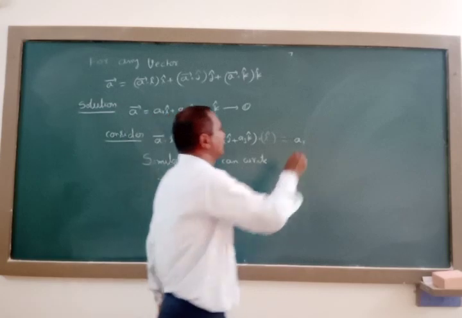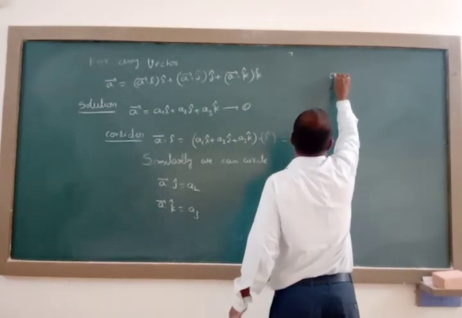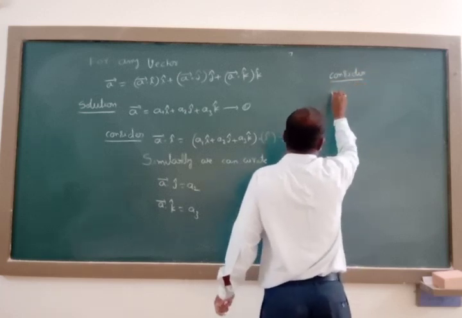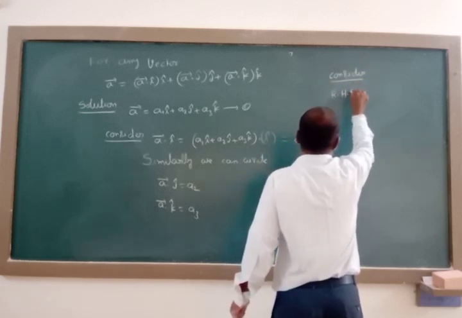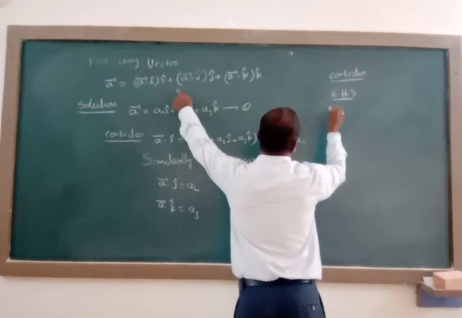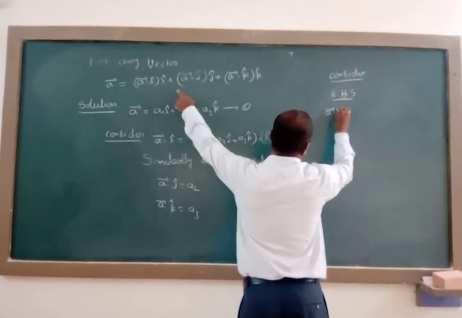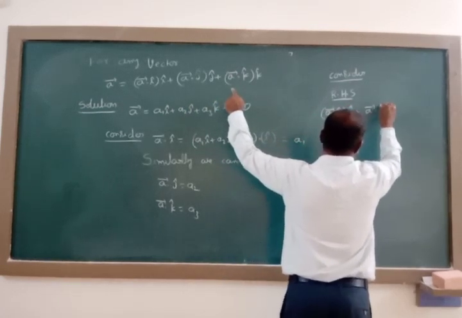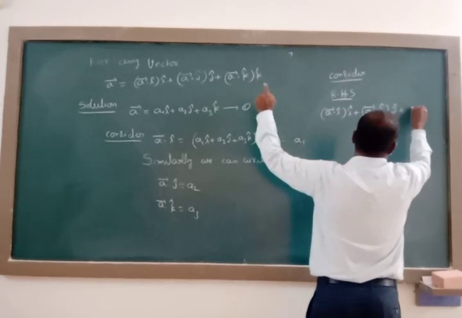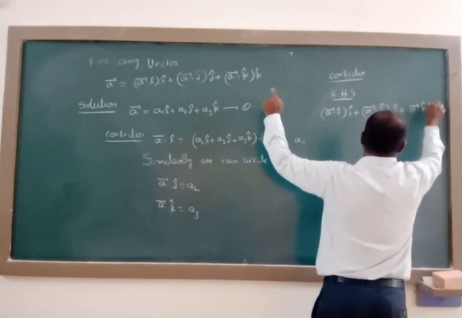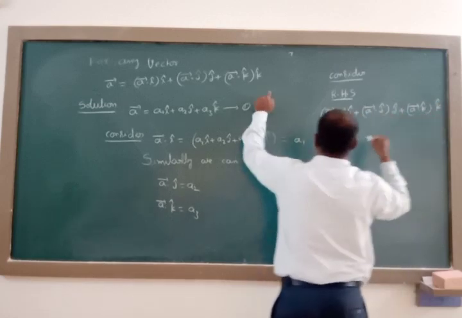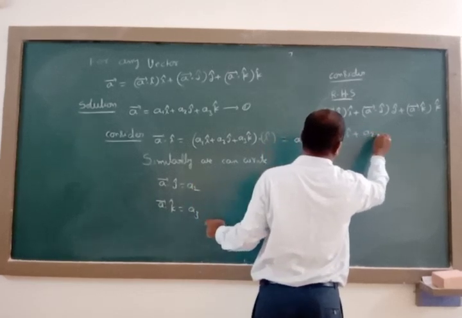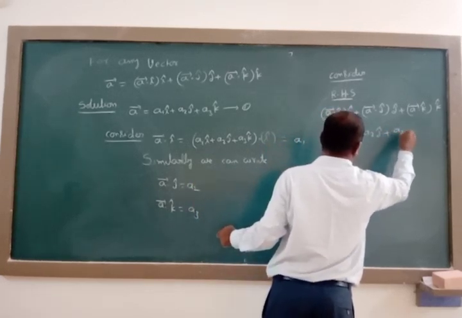Therefore, if you consider the right hand side part, you will get the left hand side part. What is the RHS part? A bar dot i cap into i cap plus a bar dot j cap into j cap plus a bar dot k cap into k cap. A bar dot i is a1, a bar dot j is a2, a bar dot k is a3.